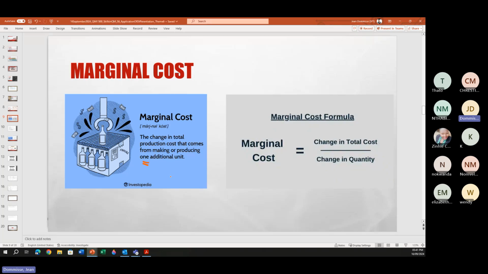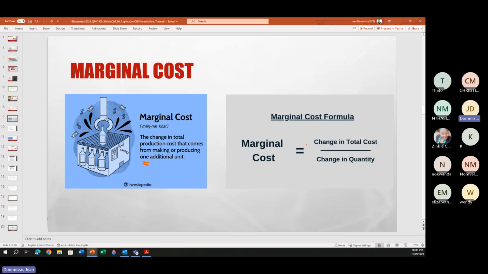The marginal cost will then be how much it was to create that extra one to get to 11 products. So marginal cost is what the cost is going to be to increase the product you're making by one extra unit.